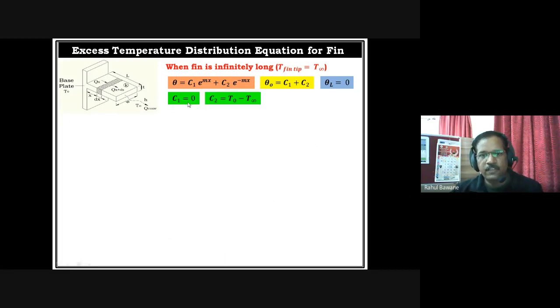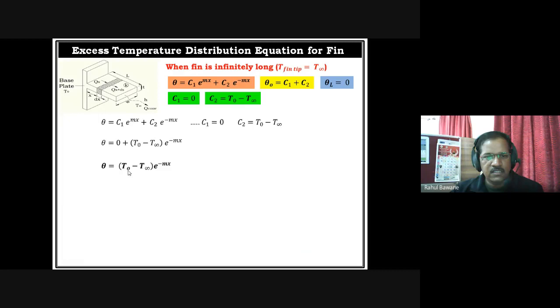Now we have both values: C1 is 0 and C2 is T0 minus T infinity. So we will replace these. We have the general equation theta is equal to C1 e raised to the power mx plus C2 e raised to the power minus mx. Putting the value C1 is 0 and C2 is T0 minus T infinity, we get this equation: theta is equal to, this whole term becomes 0, T0 minus T infinity into e raised to the power minus mx.